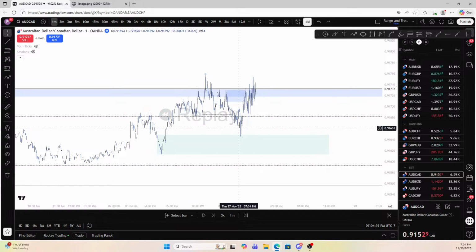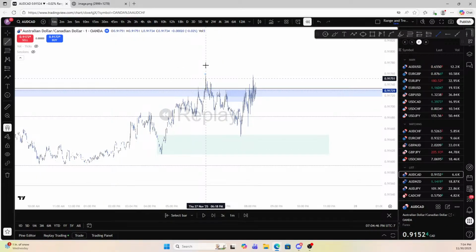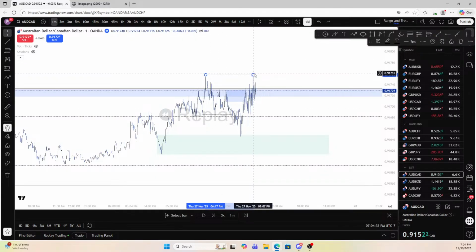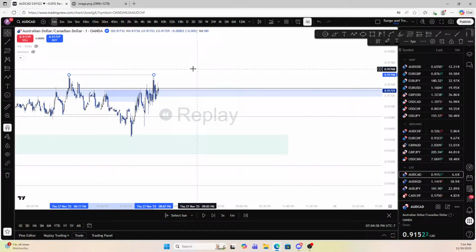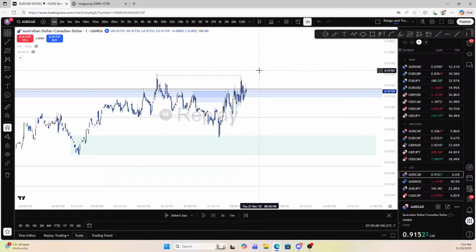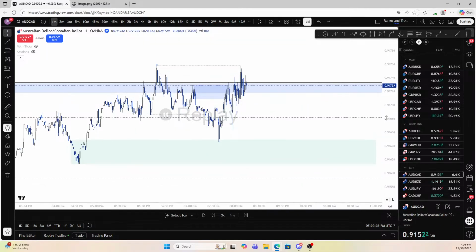It created an equal high here, which, you know, could be your third tap. Usually equal highs and equal lows need to get taken out, and that's exactly what happened here. Plus there was not a valid breakout structure, so you could have chosen this as your third point now.